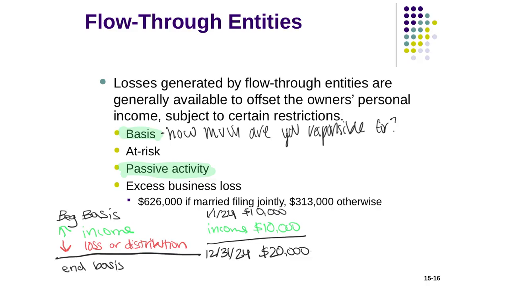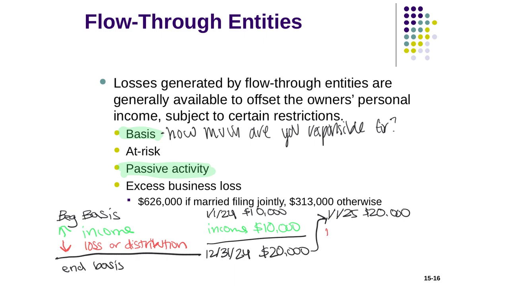Then we move on to the next year. So our ending basis at the end of 2024 becomes our beginning basis for 2025. So 1/1/25, our beginning basis is $20,000.